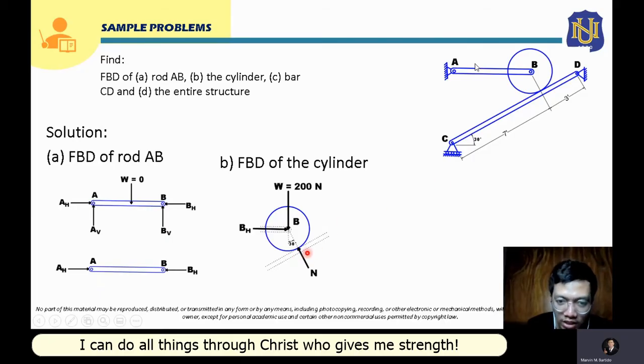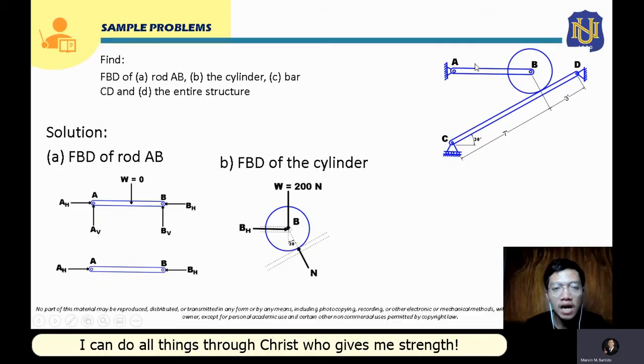So this normal force will be 30 degrees from the vertical. This will now be the free body diagram of the cylinder.